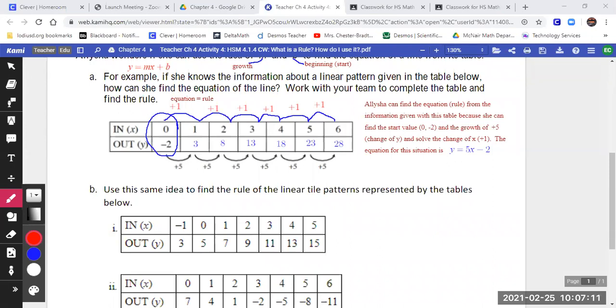What have we done over and over, even just above, to help us find the growth? What do we draw in so we can find the growth?